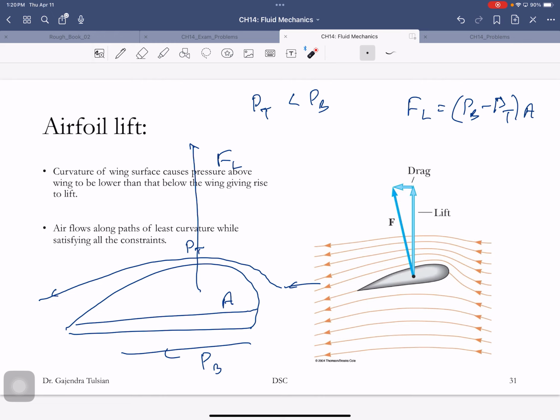Now, you guys have been on planes and stuff like that. When the plane comes in to land, it's going slower, so this pressure difference decreases. For instance, if the plane were at rest, the pressure difference would be 0.